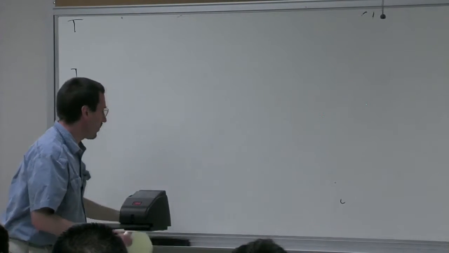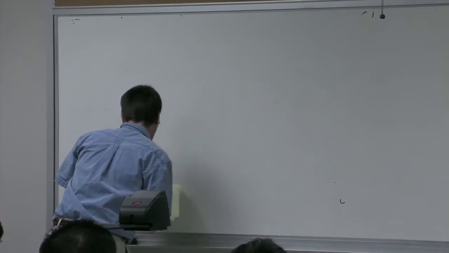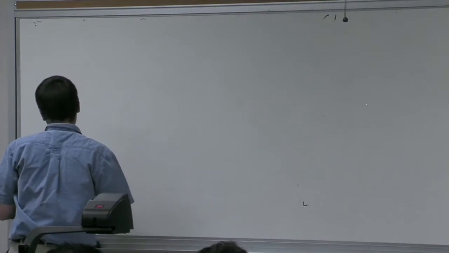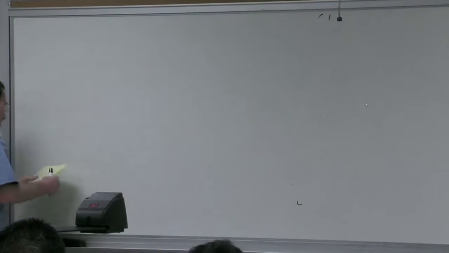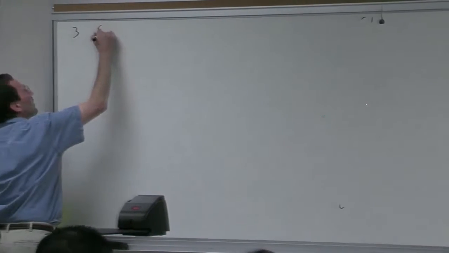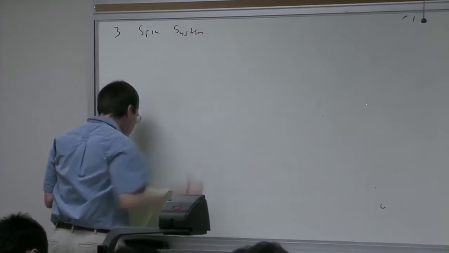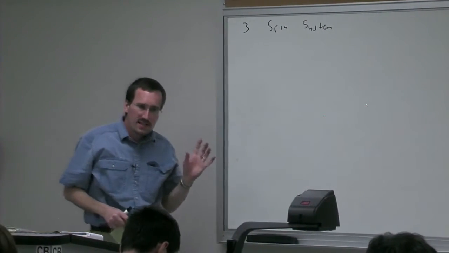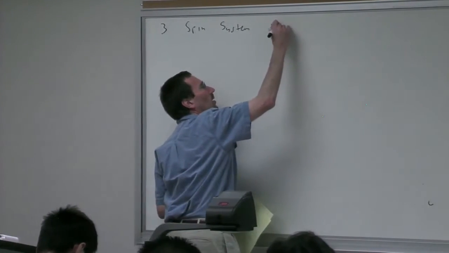One thing here is a three-spin system. Sometimes observing an NOE doesn't necessarily mean proximity, and I'll show you an example.